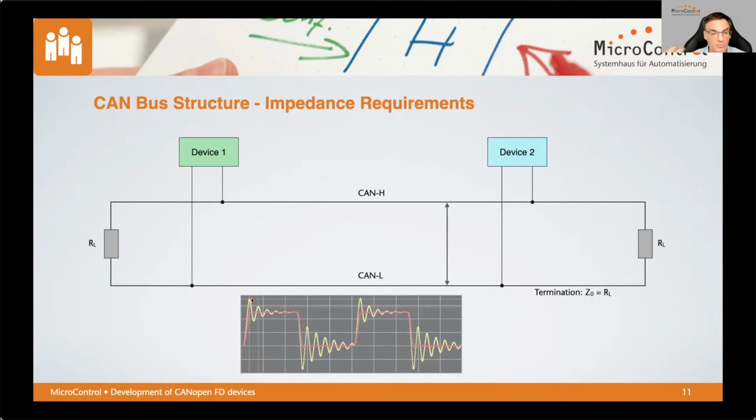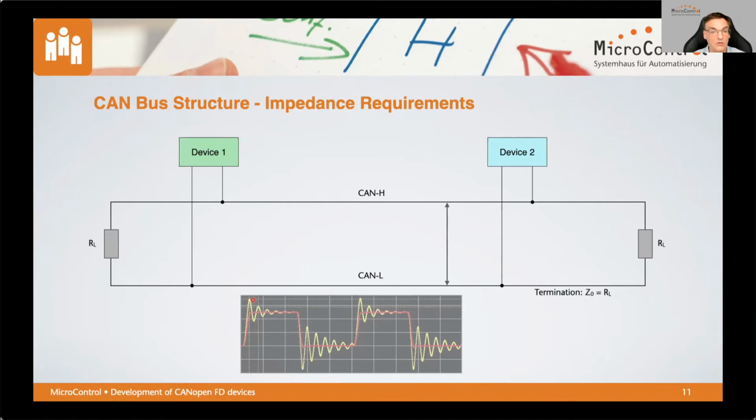So typically within your network you have ringing, and that depends on how many devices you have within the network, what kinds of CAN transceivers you use, how long your stub lines in the network are, and also on the cable used.